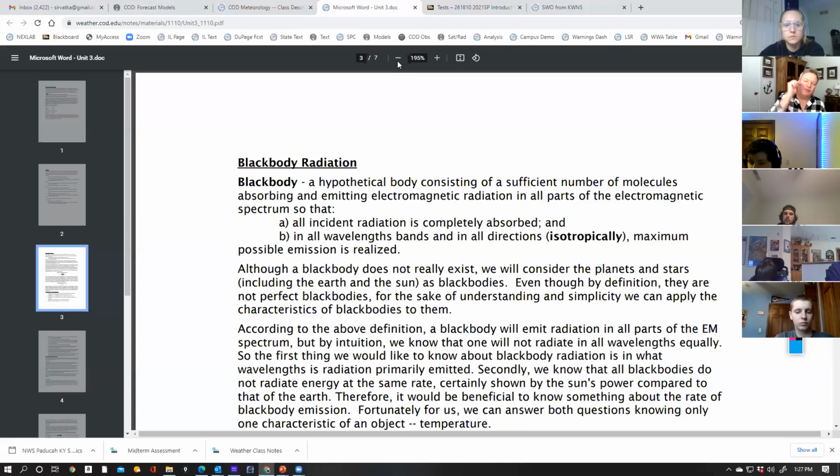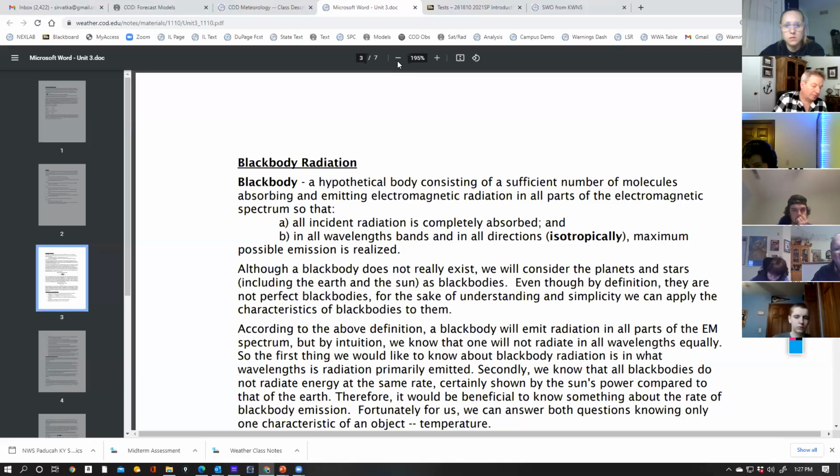So a sufficient number of molecules means that all of what needs to happen is able to happen. Well, what is supposed to happen? What does it say right after that? So that, what's the first numbered point? All radiation is completely absorbed.